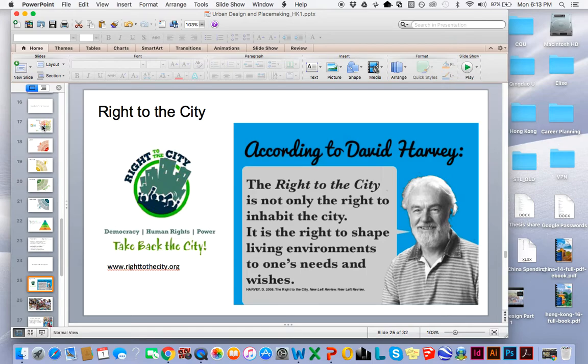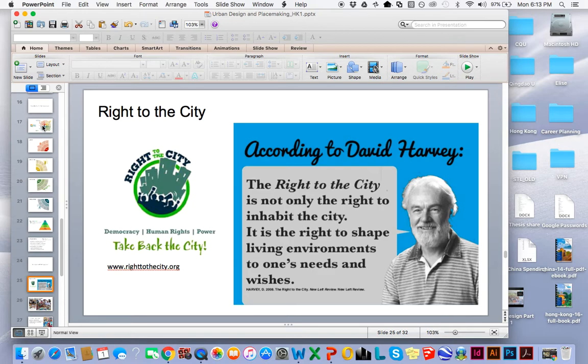And this is the ideas of democracy, human rights, land ownership, urban justice. You can go to www.righttothecity to learn more about this growing international movement about urban planning and public space redevelopment.